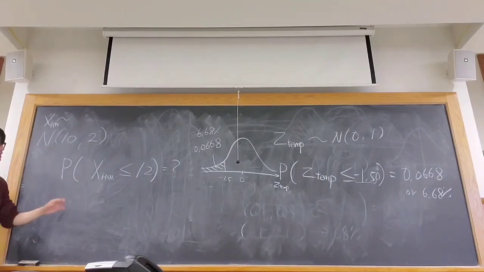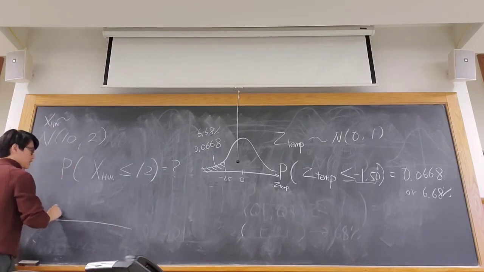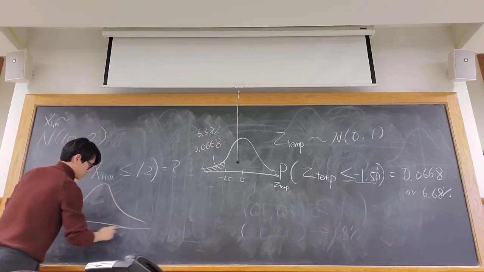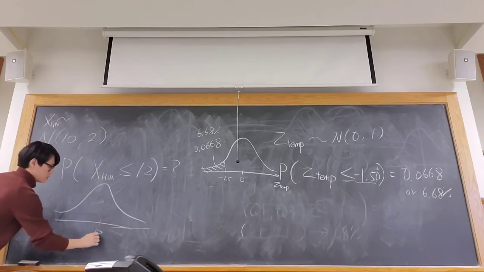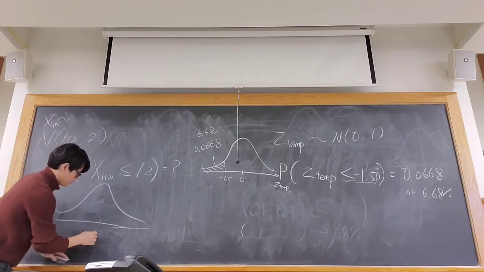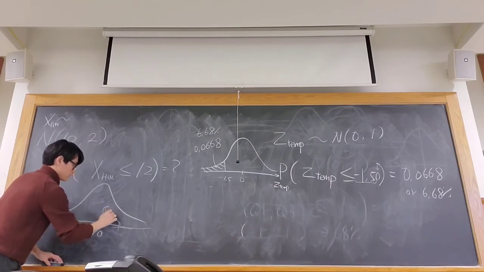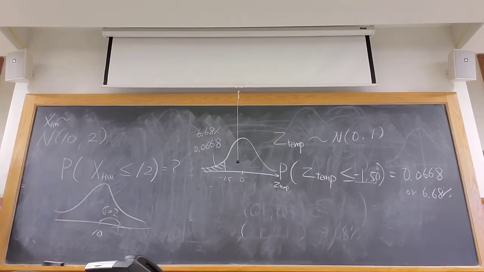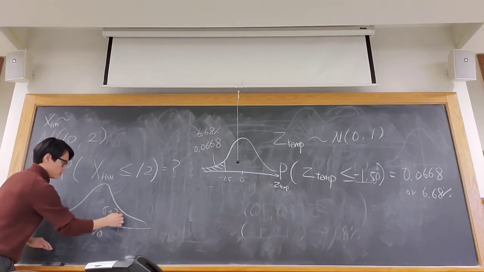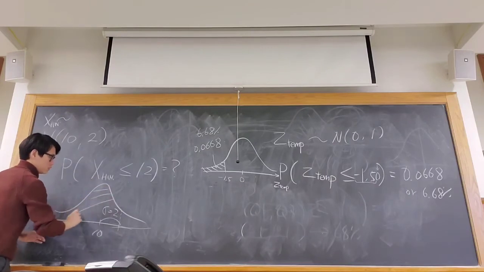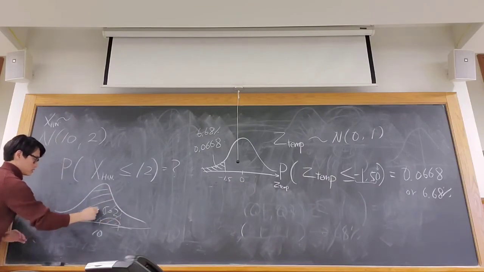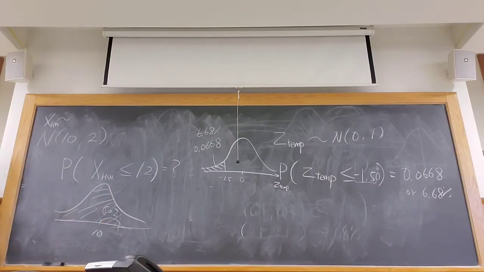And if I visualize this using a plot, I would draw this. So 12, 10, and then one standard deviation is 2, right? And then X less than 12 will correspond to this area, right?